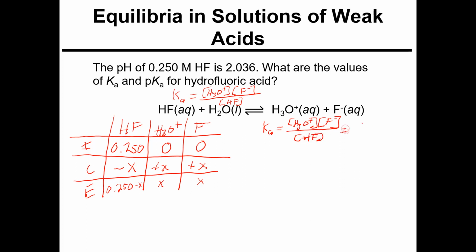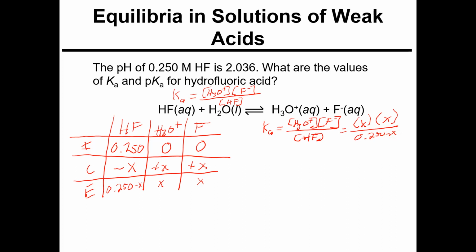And according to our ICE table, our concentrations of H3O plus and F negative are X, and our HF is 0.250 minus X.